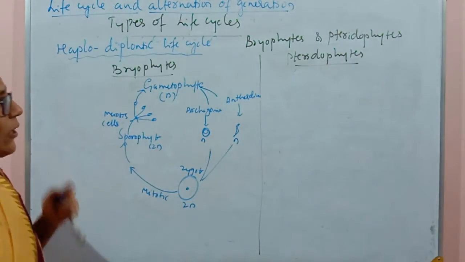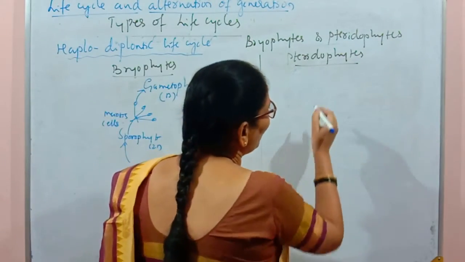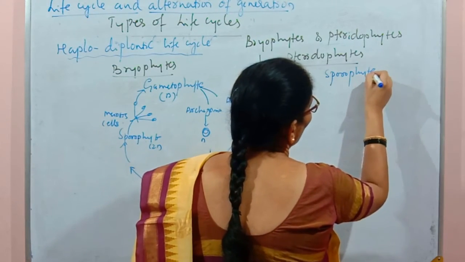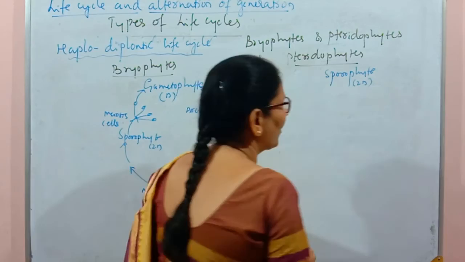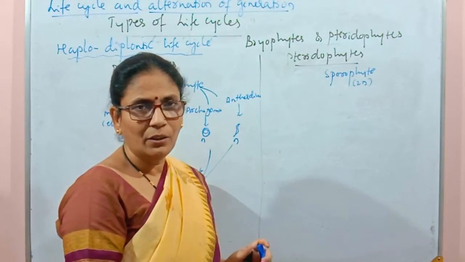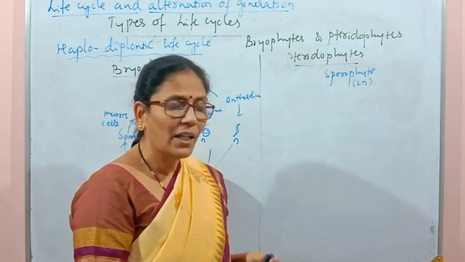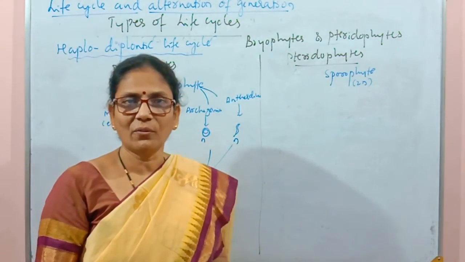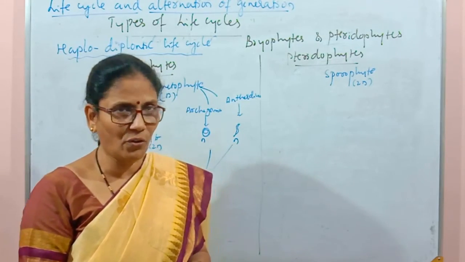But in pteridophytes, what happens? The main plant body is the sporophyte, which is diploid. Here the spores are present within the sporangia, and these sporangia are present on the lower surface of the leaves or the frond.